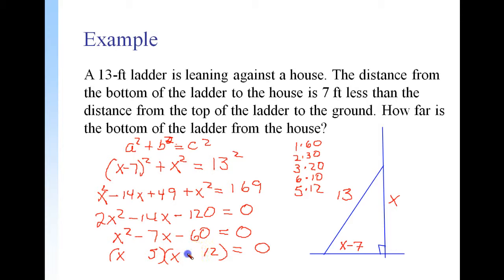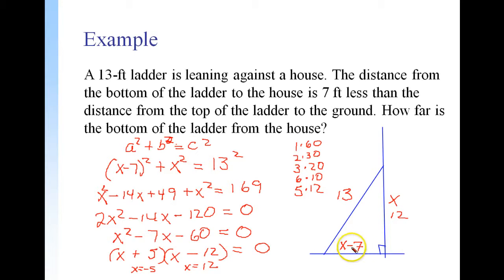So this is going to be a negative, and this will be a positive. So here, x is going to equal a negative 5, and here x is going to equal 12. So we now know our side here is 12.